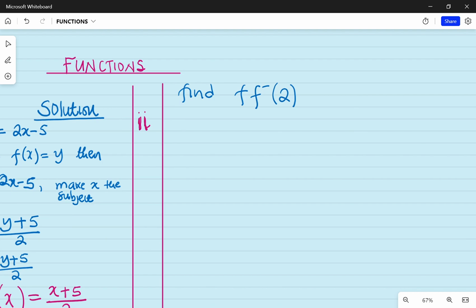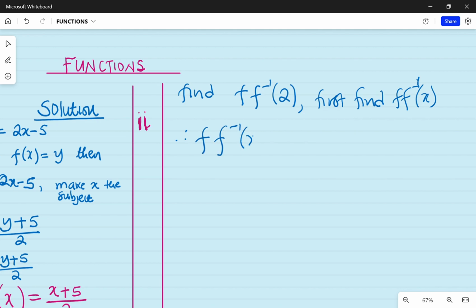We'll simply say, first find f inverse of x.